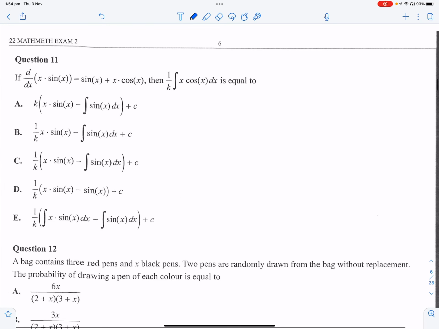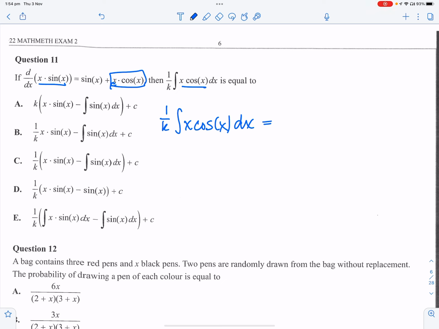Okay, the derivative of x sine x is equal to that, then x cos x. So we know when we derive that, we get this. We want to antidiff that by itself. So we know 1 on k, x cos x dx is the same as 1 on k, the d dx of x sine x.